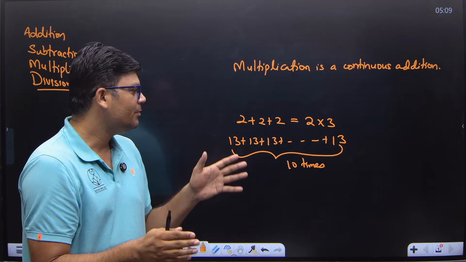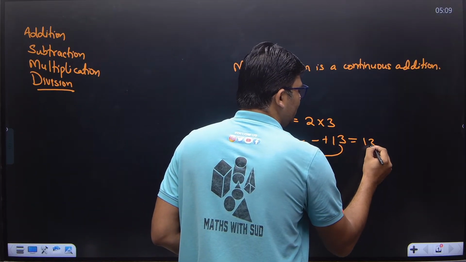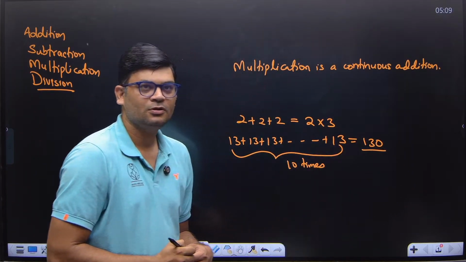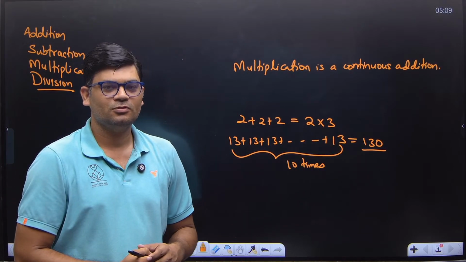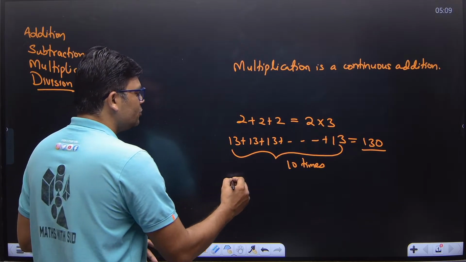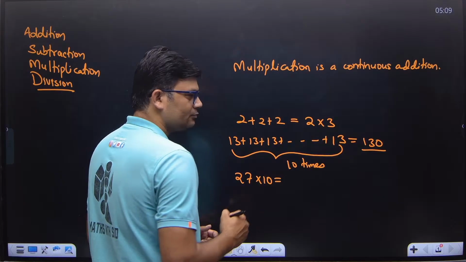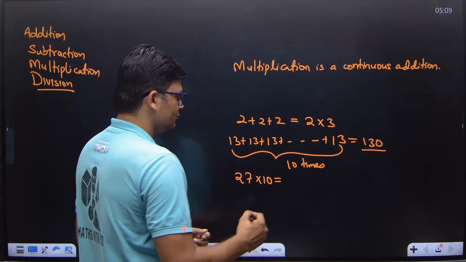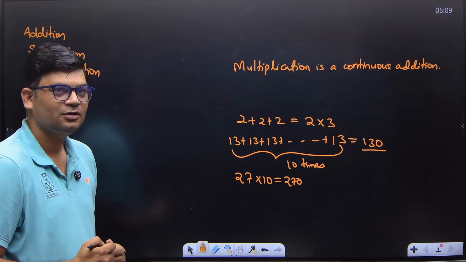If you know the multiplication table, directly you will go to 130. A number multiplied by 10, you just add the 0. You know this? Tell me what is 27 into 10? 2,700. No, it is 270 only. Oh, yeah, 270, sorry. Very good.